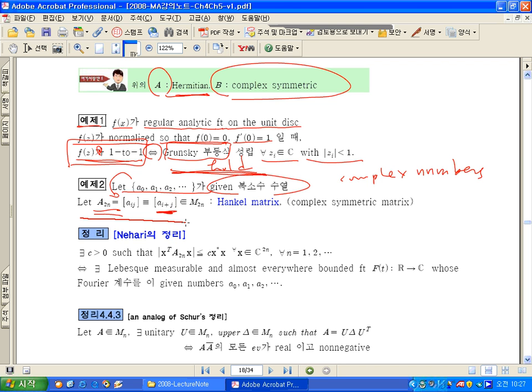Then this matrix is called the Hankel matrix. This Hankel matrix is an example of a complex symmetric matrix.